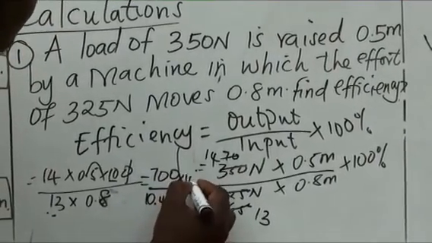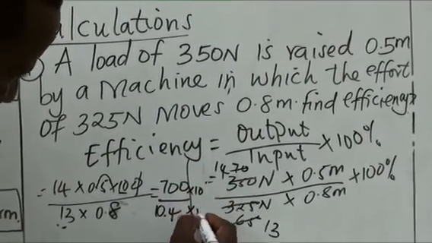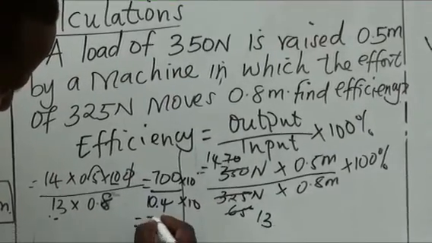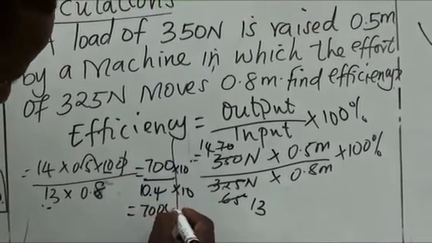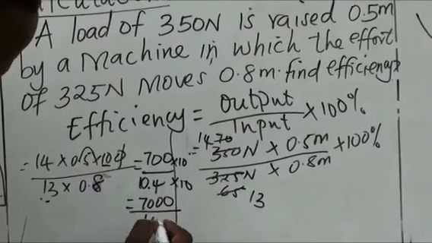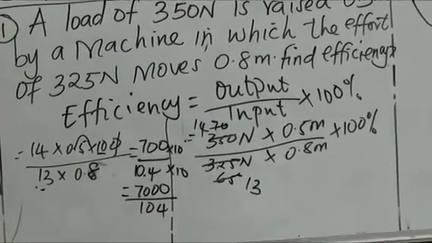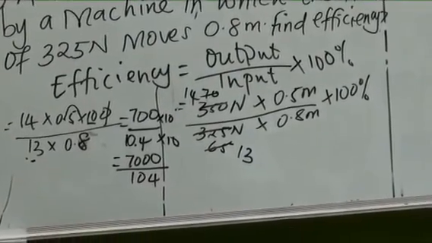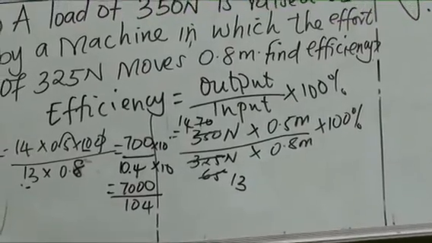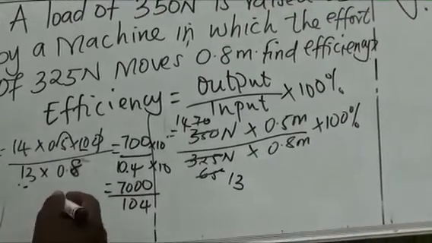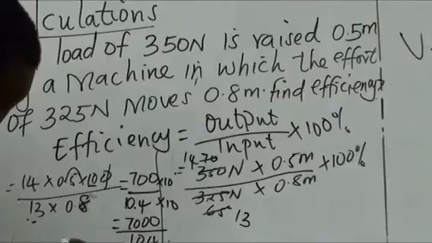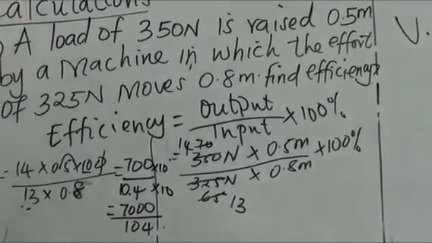Then times 100, times 10 there, times 10 there. So I have 7,000 divided by 104. So from there, you can divide this and then get your answer.